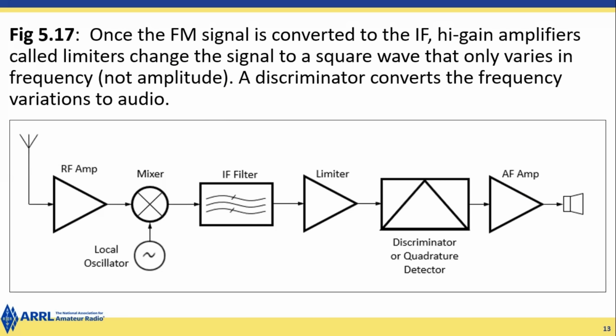Once the FM signal is converted to the IF, high gain amplifiers called limiters change the signal to a square wave that only varies in frequency, not amplitude. A discriminator converts the frequency variations to audio. So here's a block diagram of an FM receiver: amplifier, mixer, IF filter, limiter, discriminator, and then the audio amplifier itself.